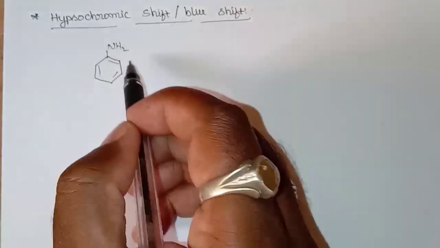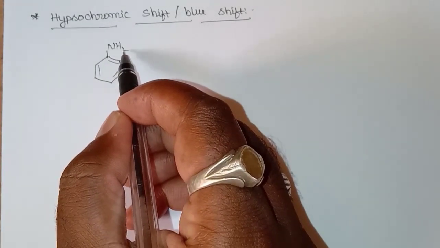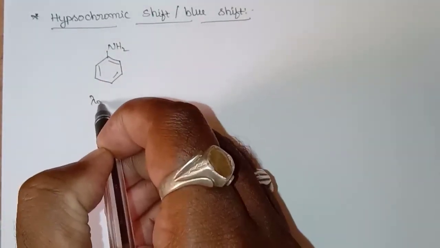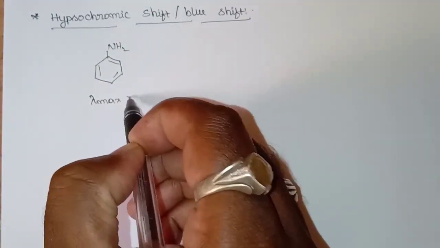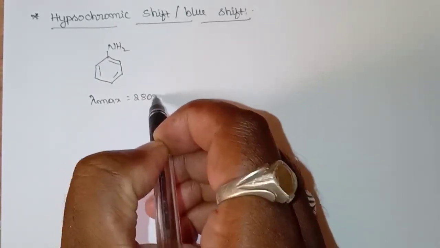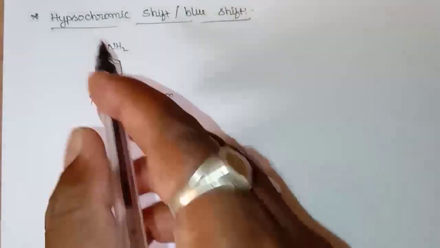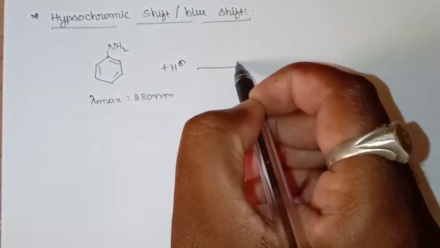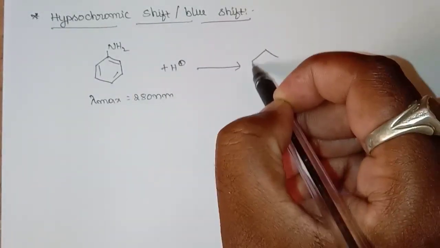Consider aniline, in which the auxochrome is NH2 and the chromophore is benzene, with a lambda max value of 280 nanometers. But when aniline is protonated, you get the anilinium ion.